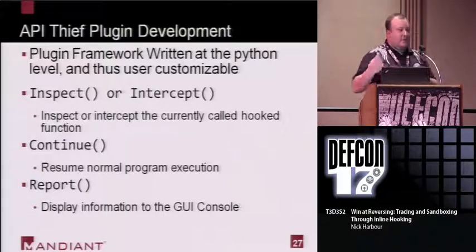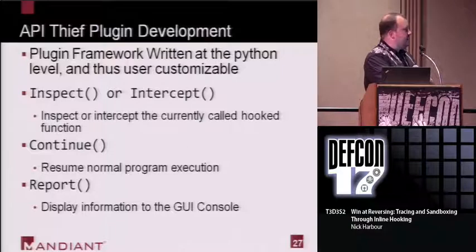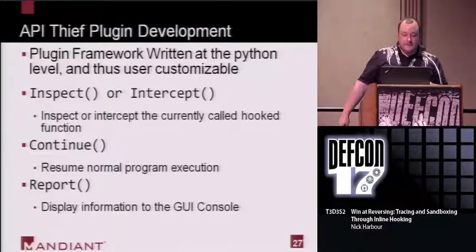Once you're finished doing whatever you want to do, you call continue, and then the program continues on. So if you wanted a message box to pop up, or a mechanism to step through a program and make you click something to go through each system call, it's perfectly doable because it won't continue until you tell it to continue.